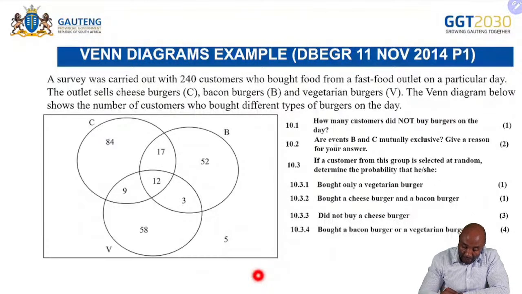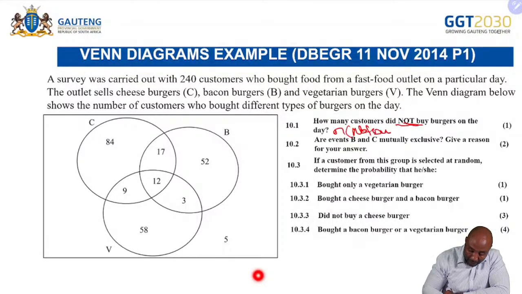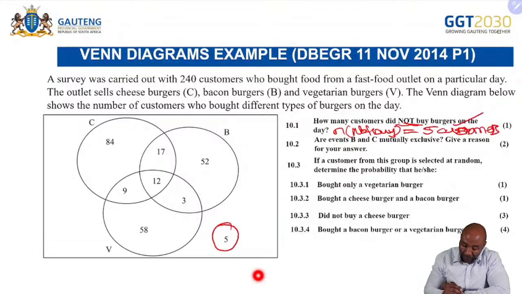The first question says, how many customers did not buy? So you want the number, not buy. Looking at our Venn diagram, how many people did not buy? We are getting our answer there. Our answer is 5. 5 customers or 5 people. You are done. 1 mark.